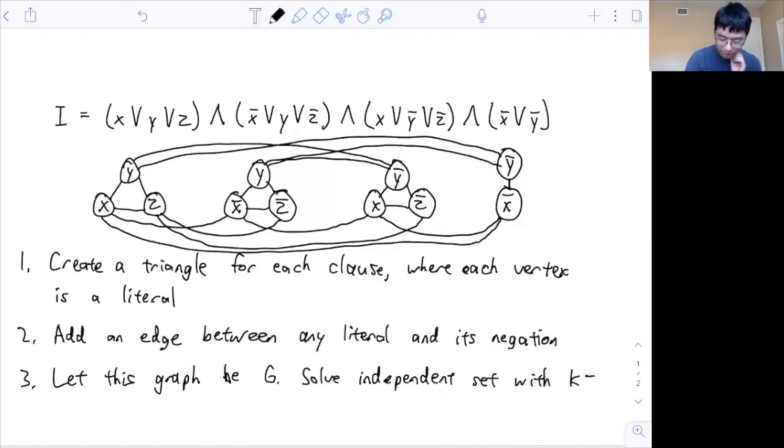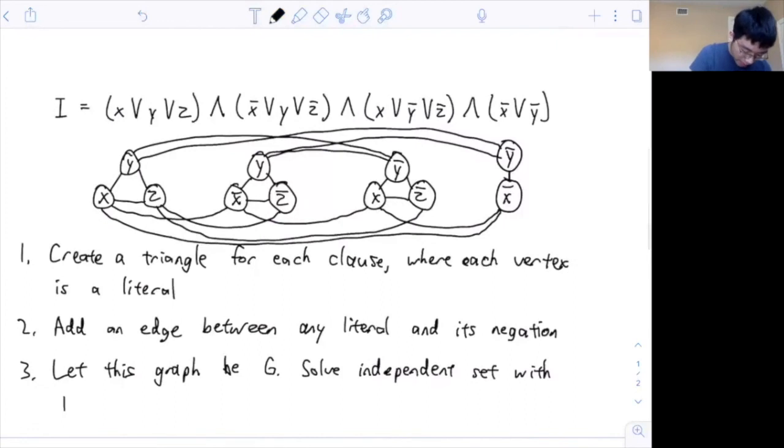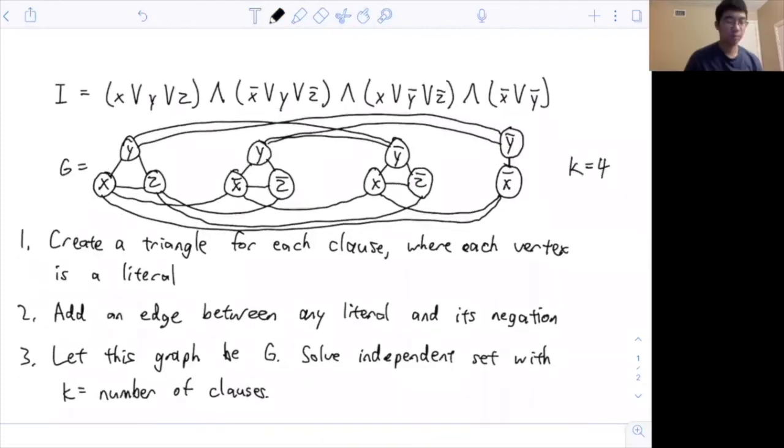Or, more generally, we should say k equals the number of clauses. So here we have 4 clauses. Remember, a clause is just every one of these statements. So here we would let k equal 4.